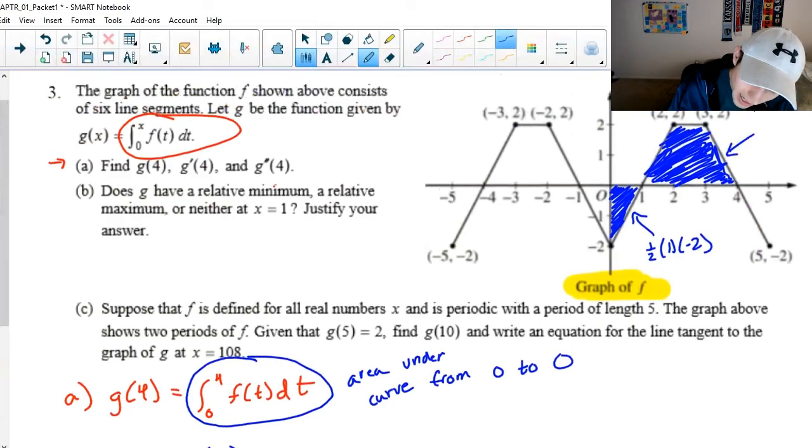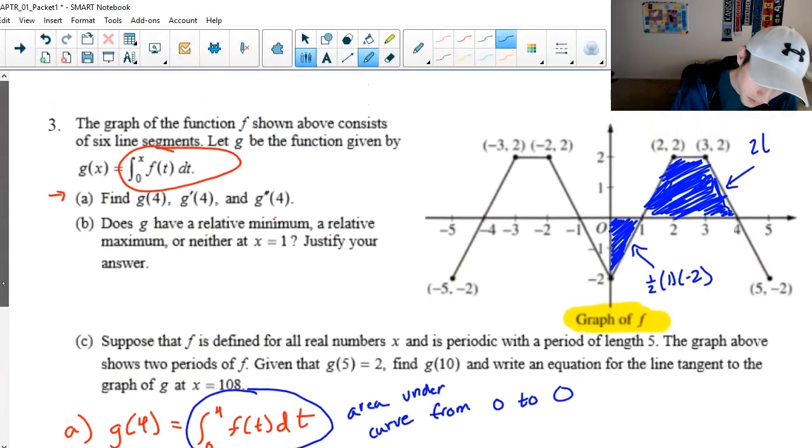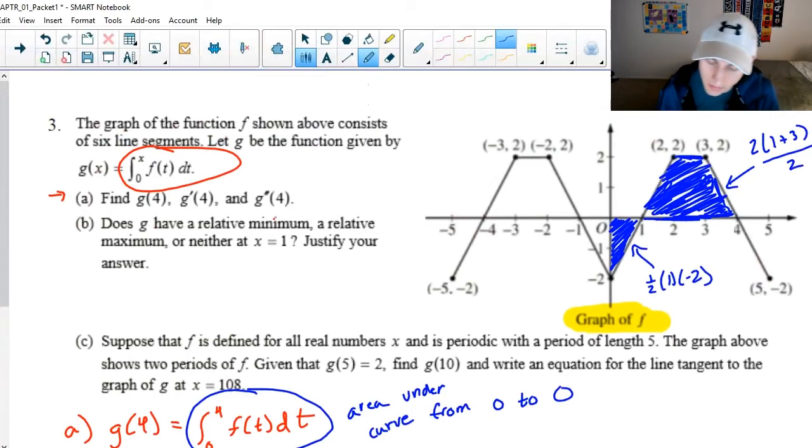So area of a trapezoid is the height, which is 2, times base 1 plus base 2. It doesn't matter which one, top or bottom, is base 1 or base 2. So this top is a length 1 plus the bottom of the trapezoid, which is length 3, all divided by 2.